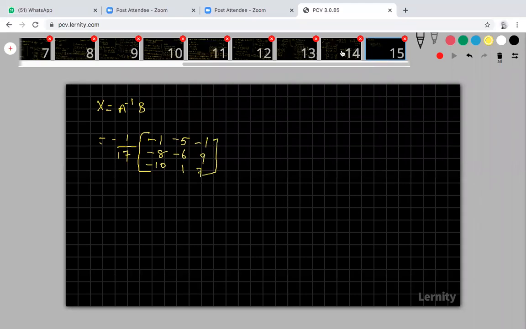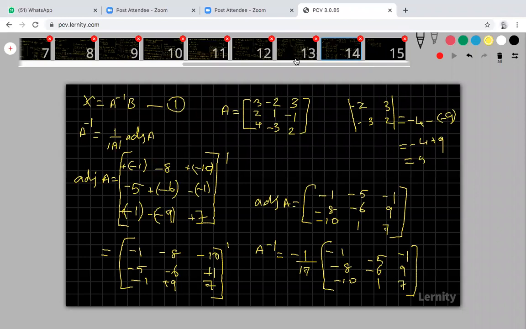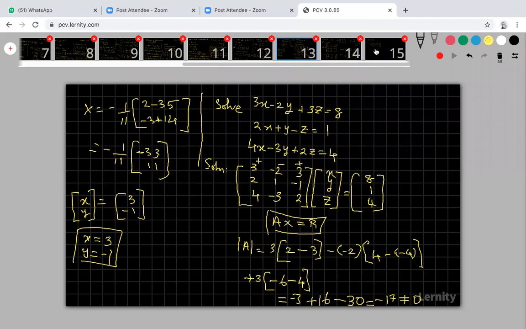What is your B matrix? The B matrix is 8, 1, 4.